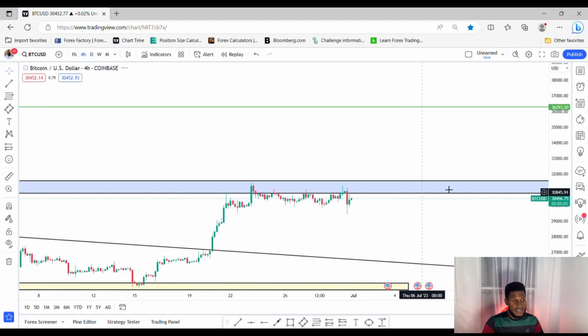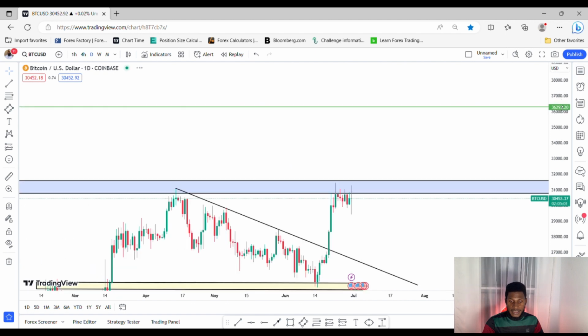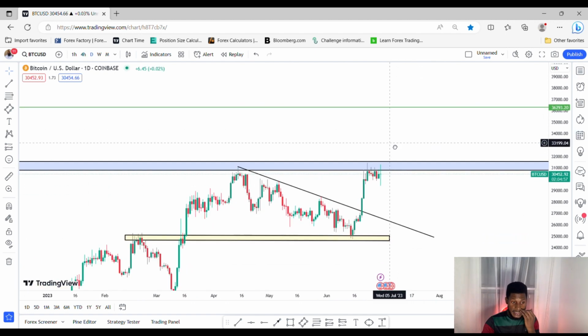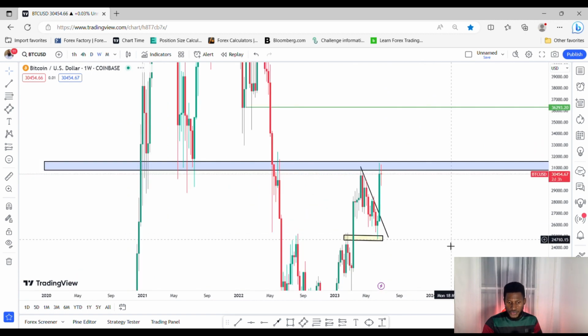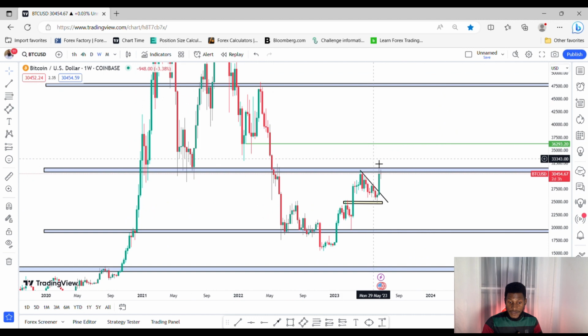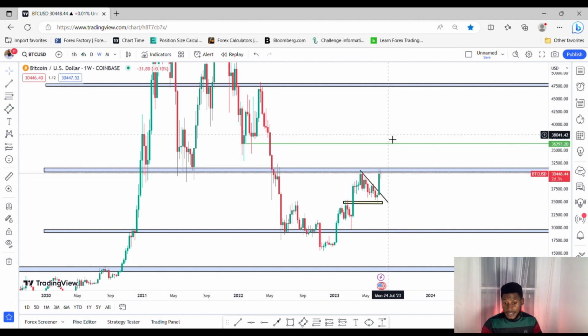That is going to be the next target area if we break this region, because at the end of the day, price moves from zone to zone, and I am very, very bullish on Bitcoin. So if Bitcoin breaks the 30 plus level, the next target level is $36,293 per coin. So let's watch out for that.